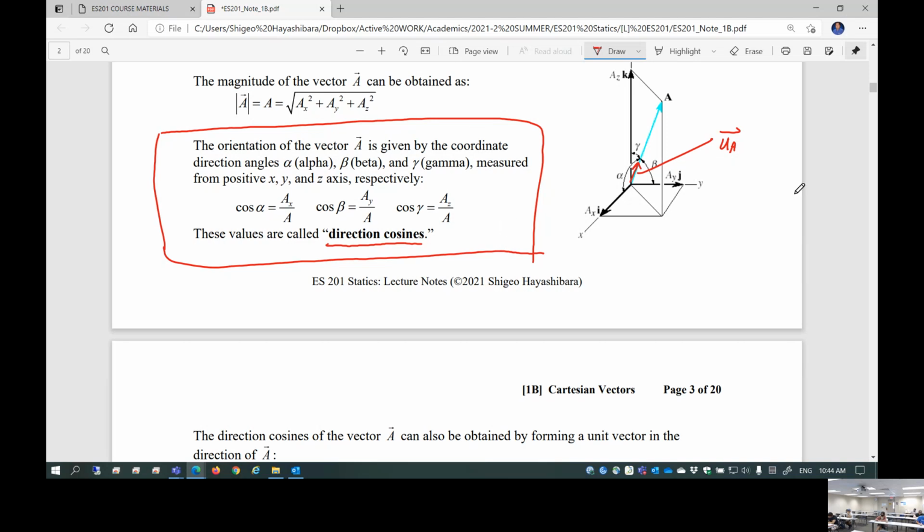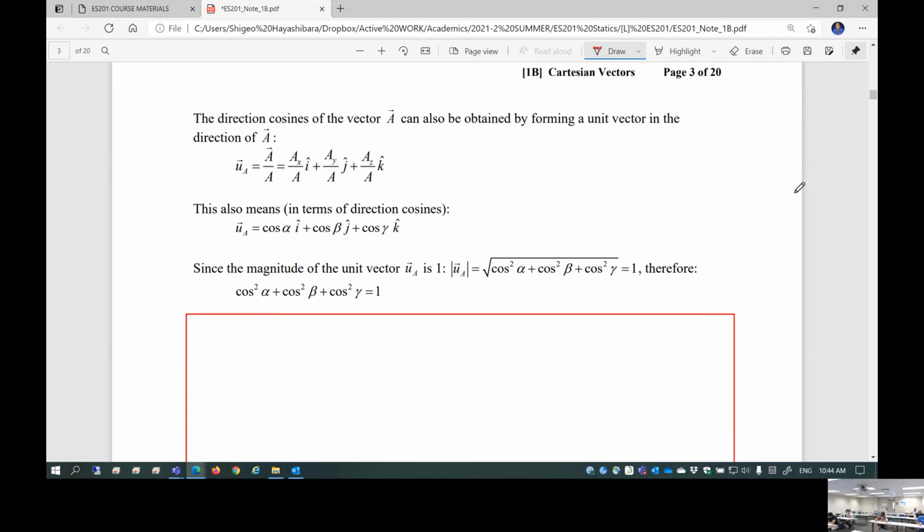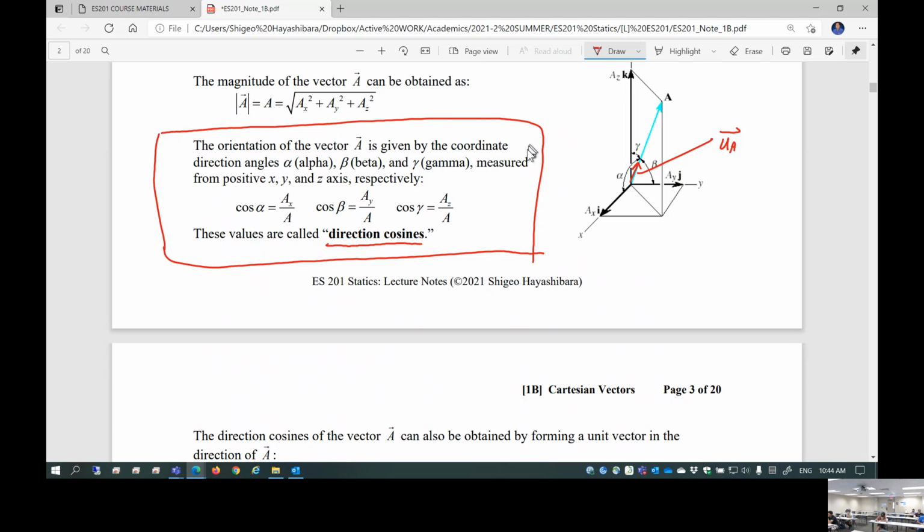Let's be careful. This is a unit vector UA. This is the vector itself divided by the magnitude of the vector A, which has three directional components. The directional component ax over A is essentially cosine alpha. How much magnitude do you have, and the angle between them is cosine of alpha.